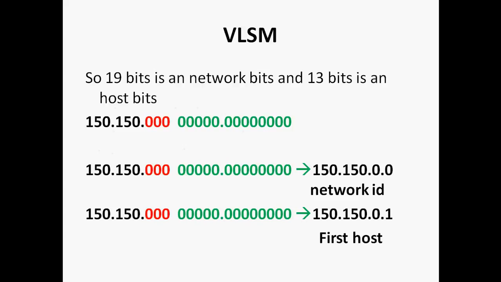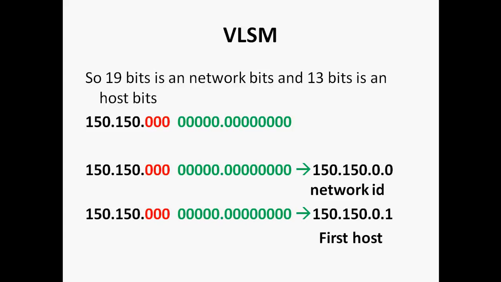Here the red color marks indicate the bits borrowed from host bits to network bits, and the numbers in green color indicate the host bits. Now you can find the network ID, first host, last host and broadcast IP as usual.